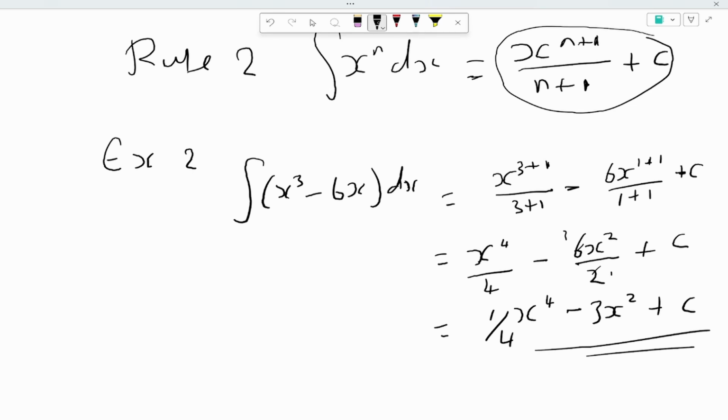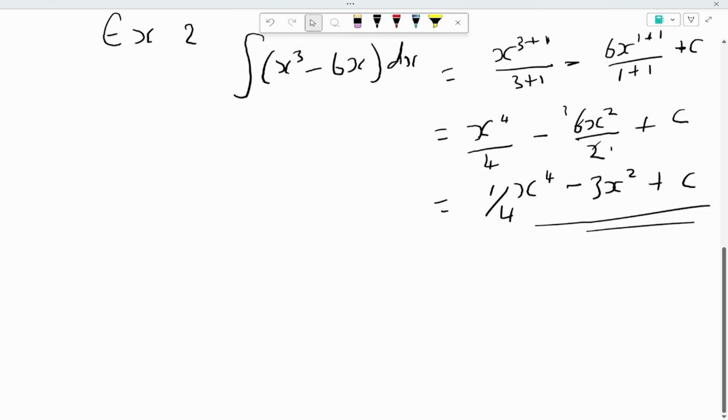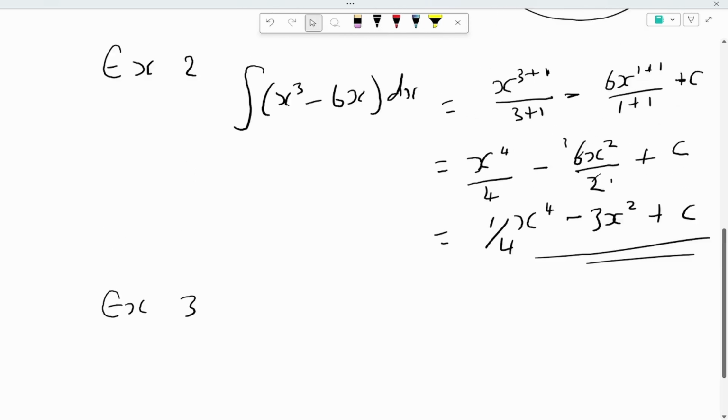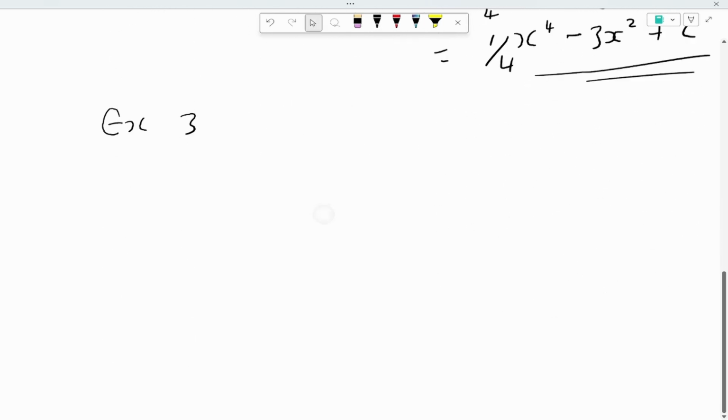You could have another example. Maybe it could be a little bit more complex. That should be example 3. Let's say you are to integrate this function.